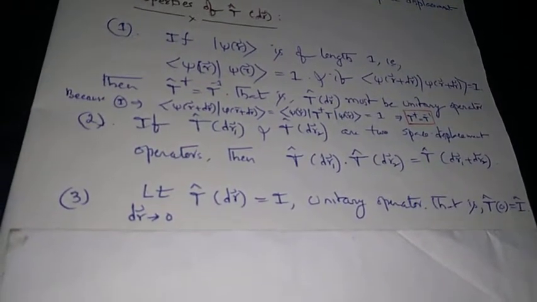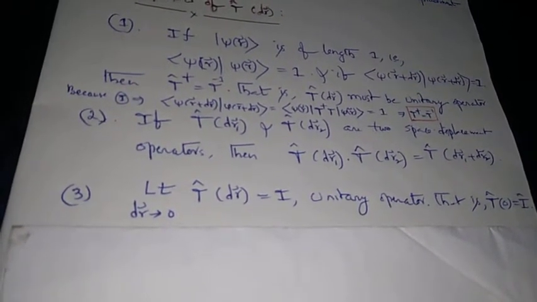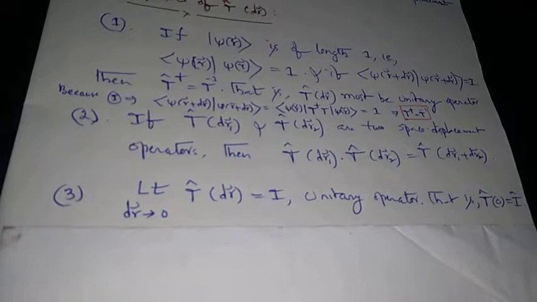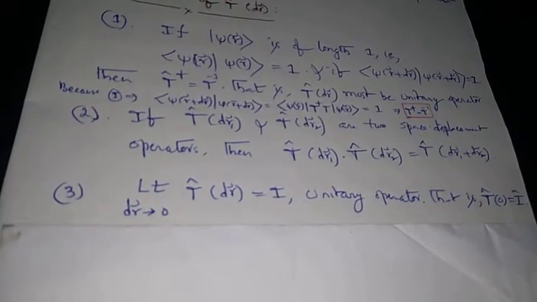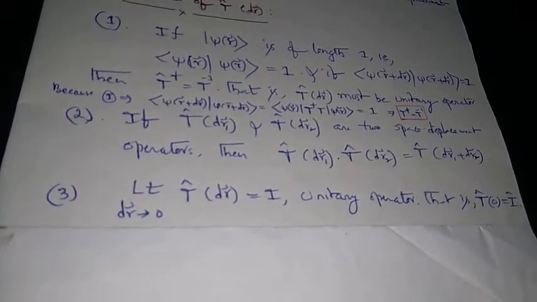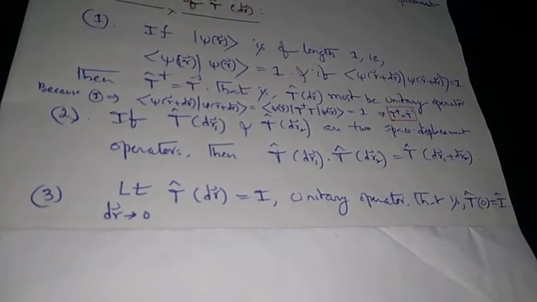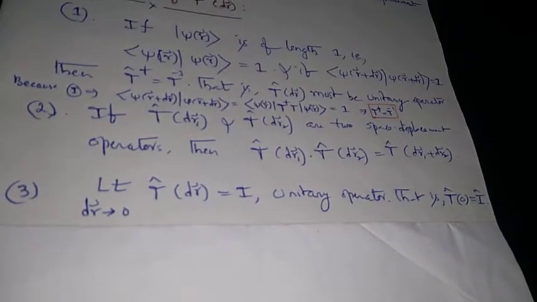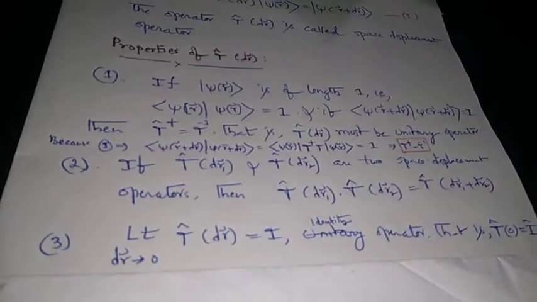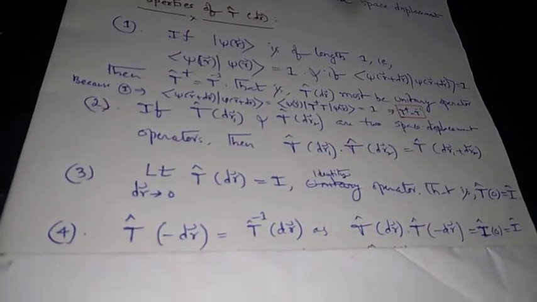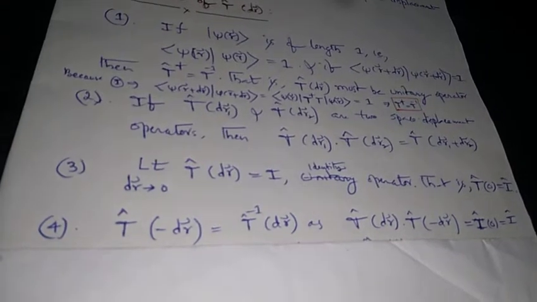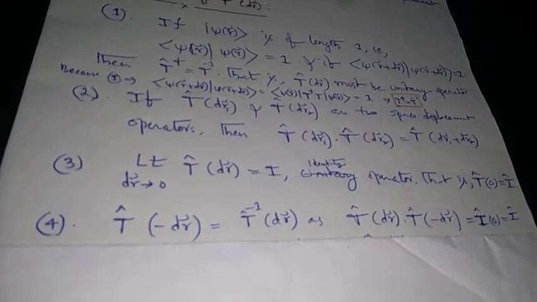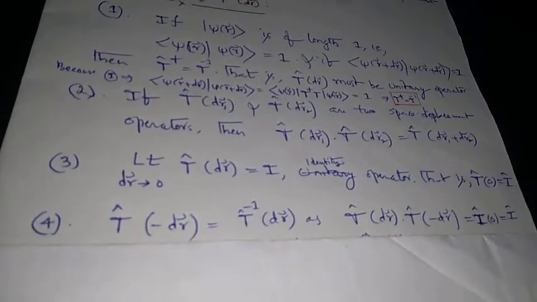And number 3 is that in the limit of dr going to 0, T of dr will tend to the identity operator I, so we can write that T of 0 is the identity operator.